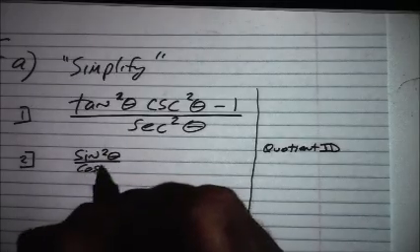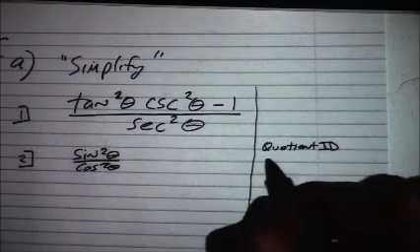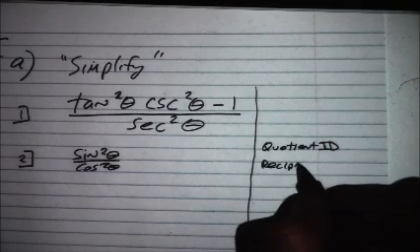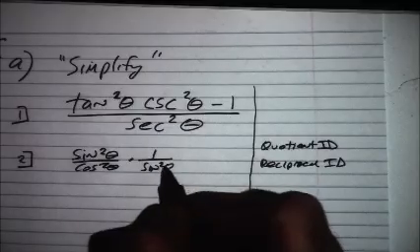And notice that the fact that it's squared doesn't stop you from using the basic identities. Cosecant squared theta, now I'm going to use a reciprocal identity to change cosecant squared theta to 1 over sine squared theta.